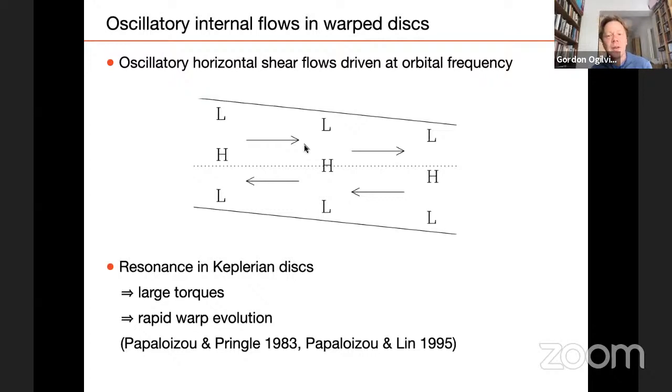And that means that a resonance occurs in Keplerian disks, causing these internal flows to be anomalously rapid. And correspondingly, there are large internal torques, and that means that warps evolve especially rapidly in Keplerian disks, which are, of course, the most important ones in astrophysical applications.